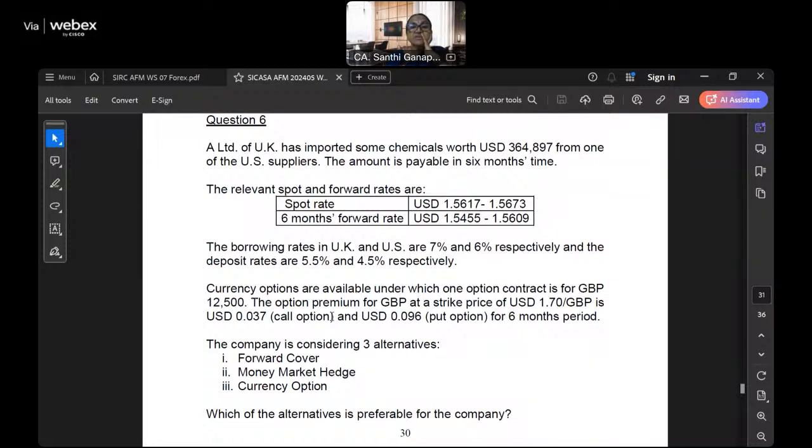Contract size is given. Therefore, this is only an exchange traded option. You know that. The question requires you to consider 3 alternatives: forward cover, money market hedge, and currency option.